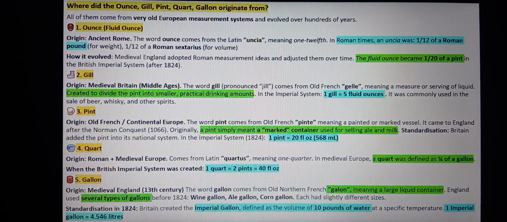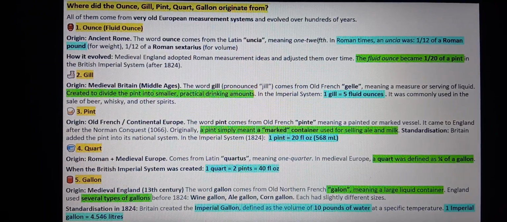A gallon originated from medieval England, 13th century. The word gallon comes from the Old North French gallon, meaning a large liquid container. England used several types of gallons before 1824: a wine gallon, an ale gallon, a corn gallon, each with slightly different sizes.